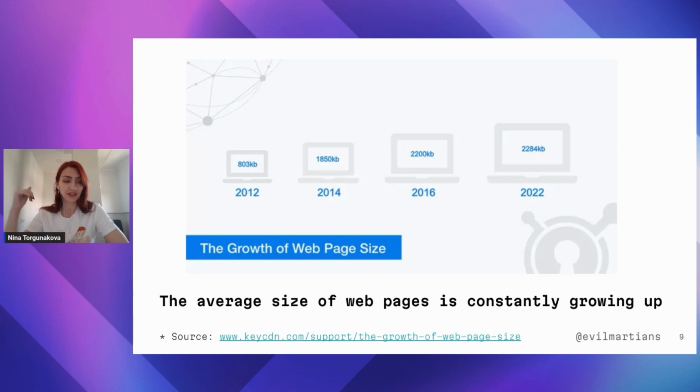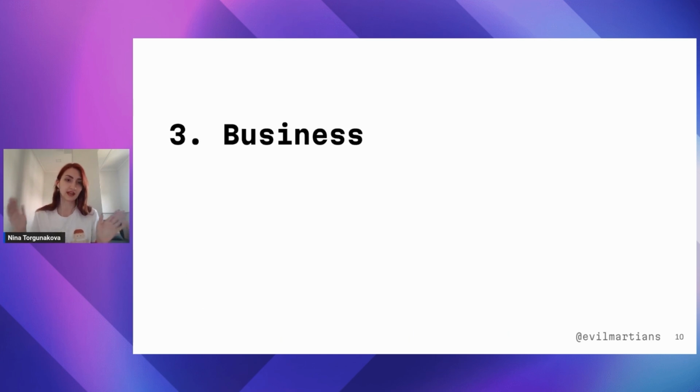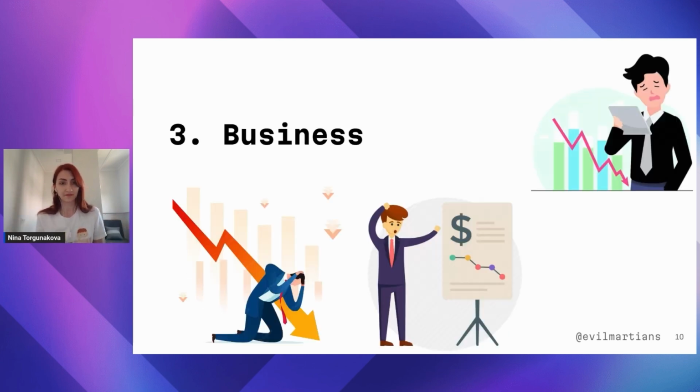That's a big growth. And the larger the web page, the more time it takes to download it. And users just leave the page and the conversion becomes slower. And then the business suffers.